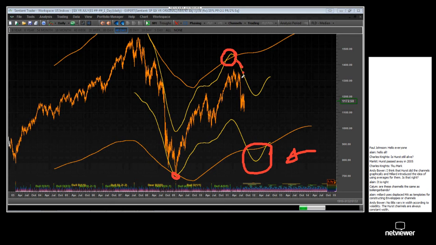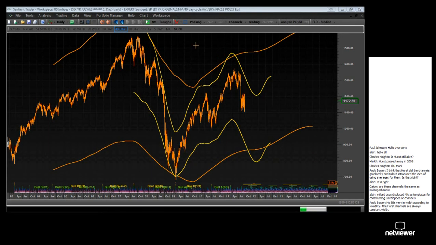Over there, and there's a tiny bit over there. You might say, what about over here? But that's a special case, because that is where Sentient Trader is projecting beyond the end of the calculated channel. So this area here is beyond the end of the calculated channel. In fact, it ignores that.